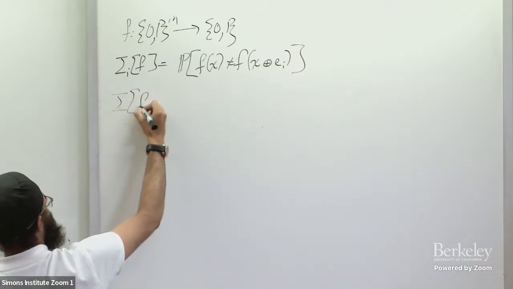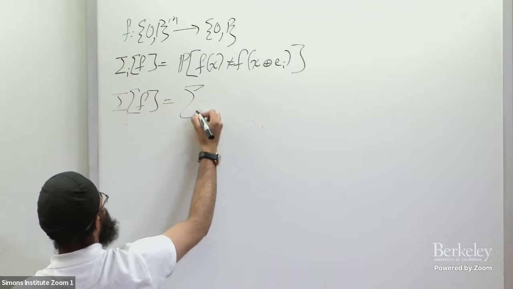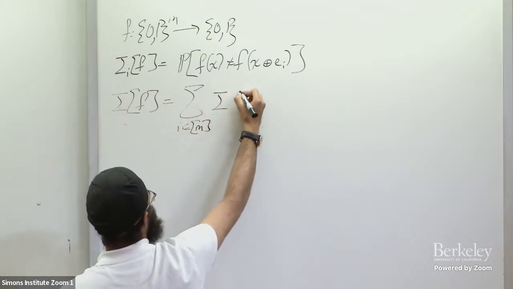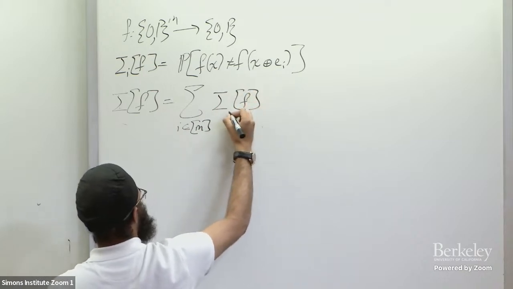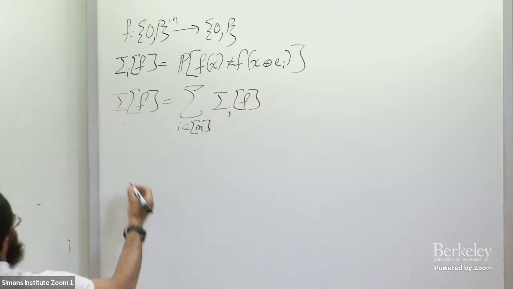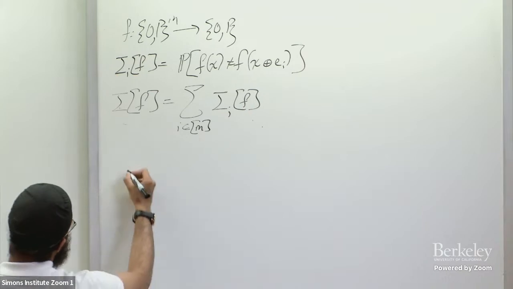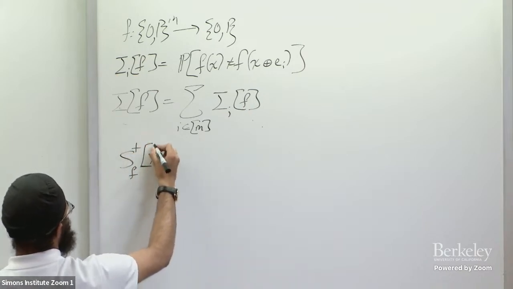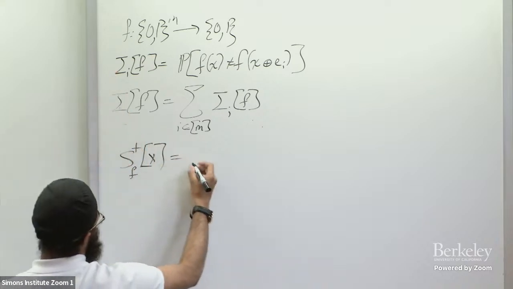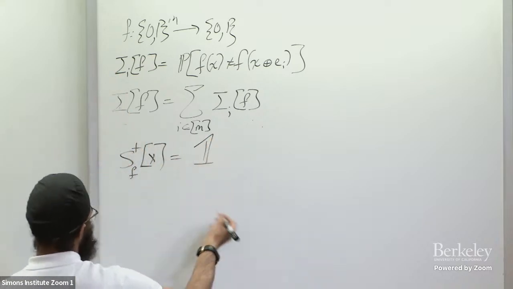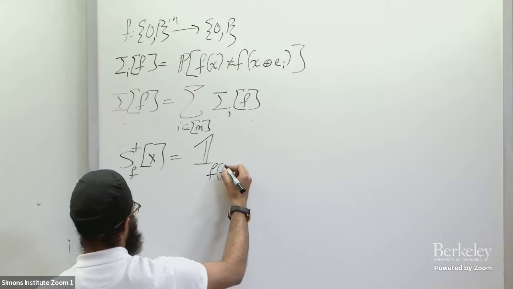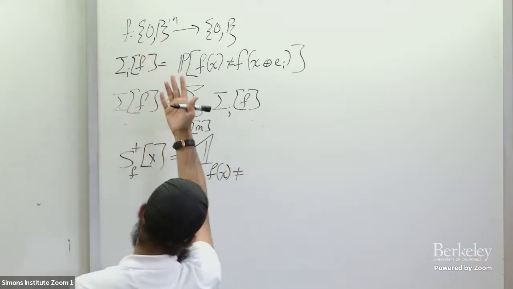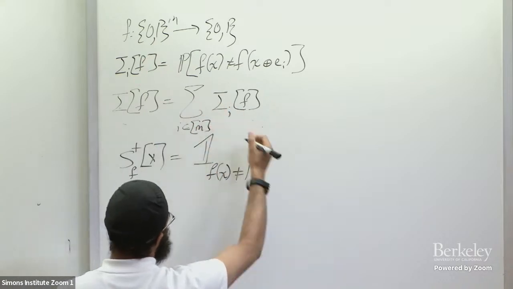The total influence is just the sum of all these influences over all the coordinates. Also need the notion of the positive sensitivity. So I have a point x in the hypercube. The positive sensitivity is just the sensitivity given that the point is not in the set. You can think of these functions as sets, 0,1 valued functions.